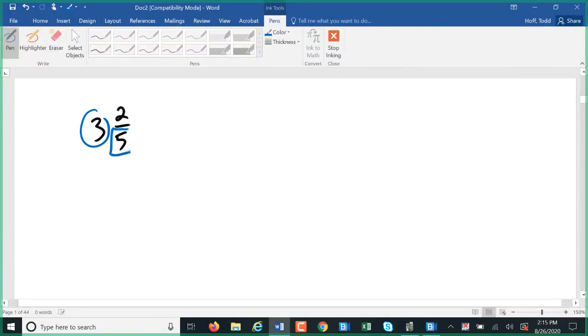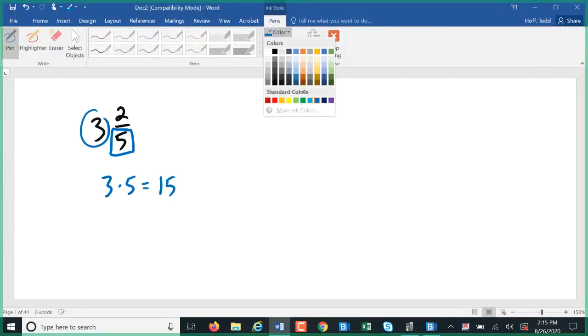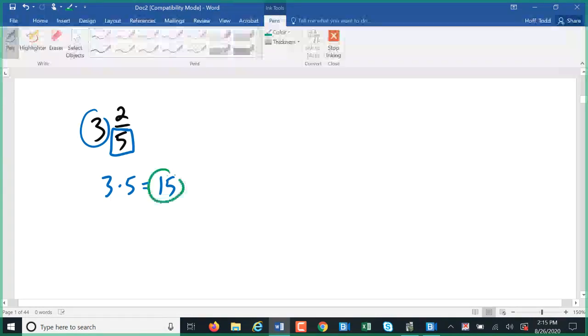Well, the denominator tells me that each whole number gets broken into 5 pieces. So that's 3 whole numbers times 5 pieces each is 15 pieces. Those pieces get added on to what we already have, the 2. 2 plus 15 is 17. So that 3 and 2/5 becomes 17/5.